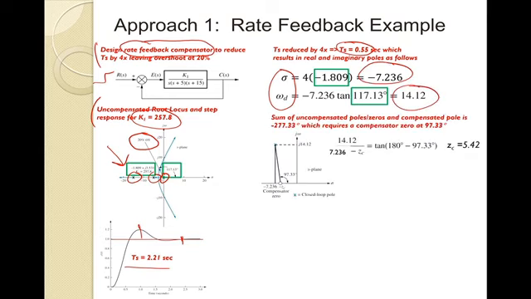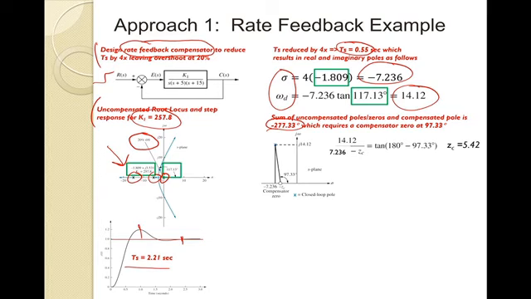Then the next step in our process was to look at all the uncompensated poles and zeros. Well, there's just poles: we have the 3 poles, no zeros, and then the compensated pole. What we find is negative 277. We know by now that this has to sum up to an odd multiple of 180 degrees.